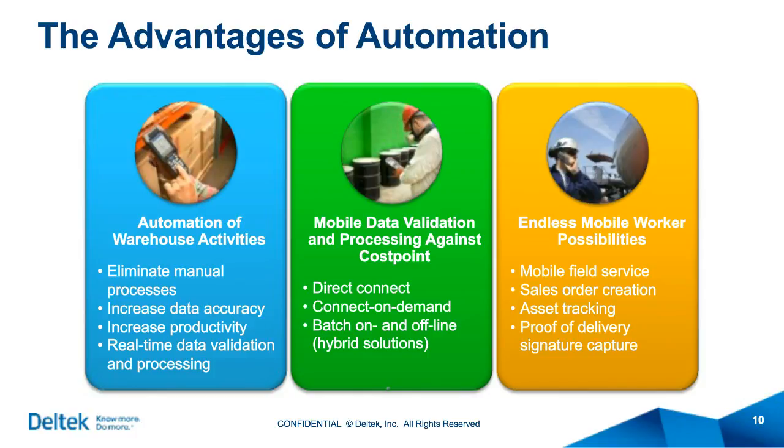But as I mentioned, we have people who need to work outside, so we have the ability also to provide an on-demand or batch-type environment for them to work outside of the 4 walls and still have the ability to update automatically and accurately the ERP system. And we see this more in environments where we have field service workers or people doing asset control or those type of operations.